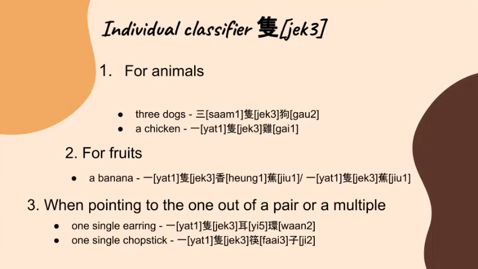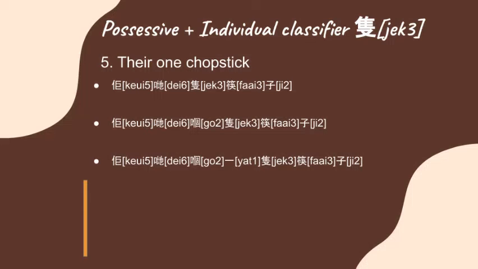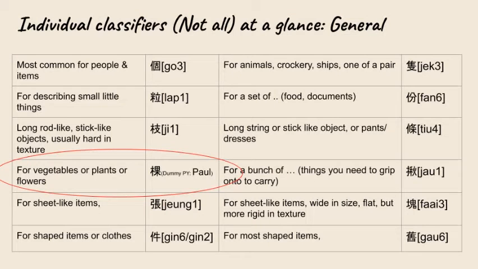And for one single chopstick, 一隻筷子, their one chopstick, 佢哋隻筷子, or 佢哋嗰隻筷子, or 佢哋嗰一隻筷子. As for vegetables or plants or flowers, you can use the classifier 棵.